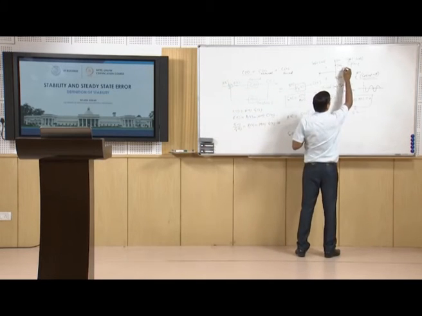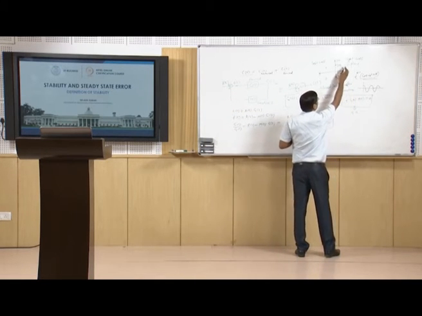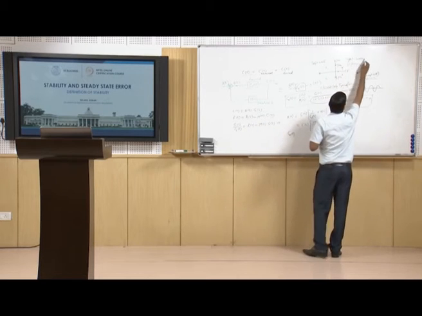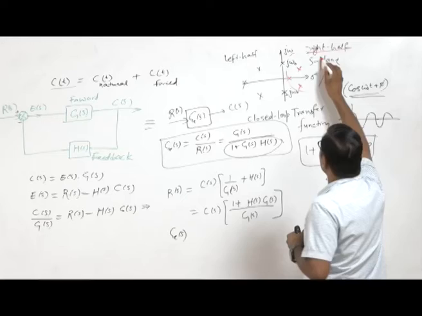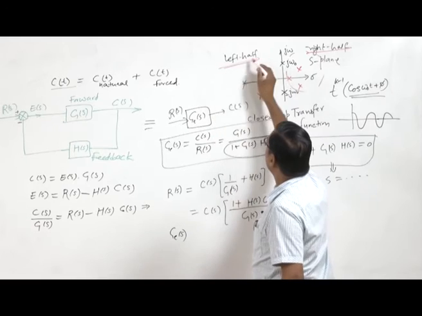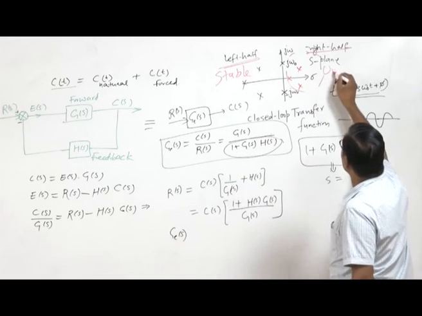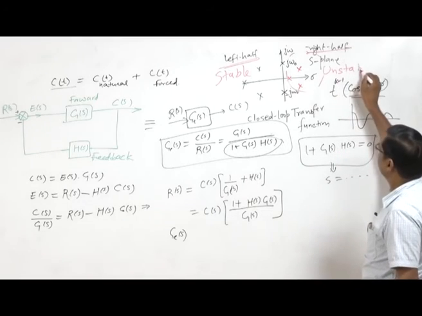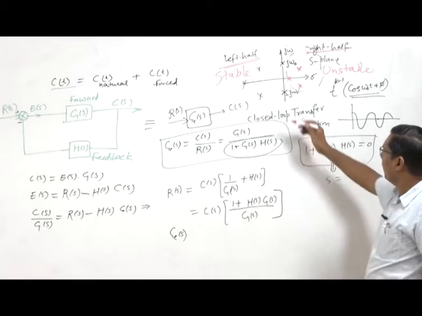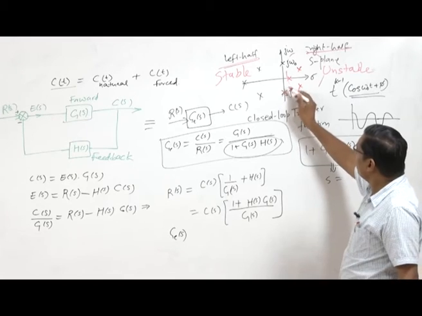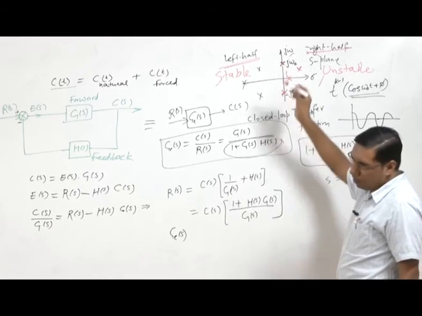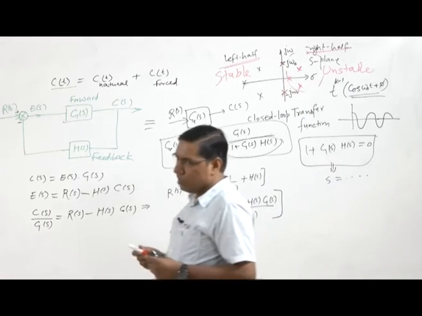So here it is stable and here it is unstable, and one pair of poles on the imaginary axis is marginally stable.